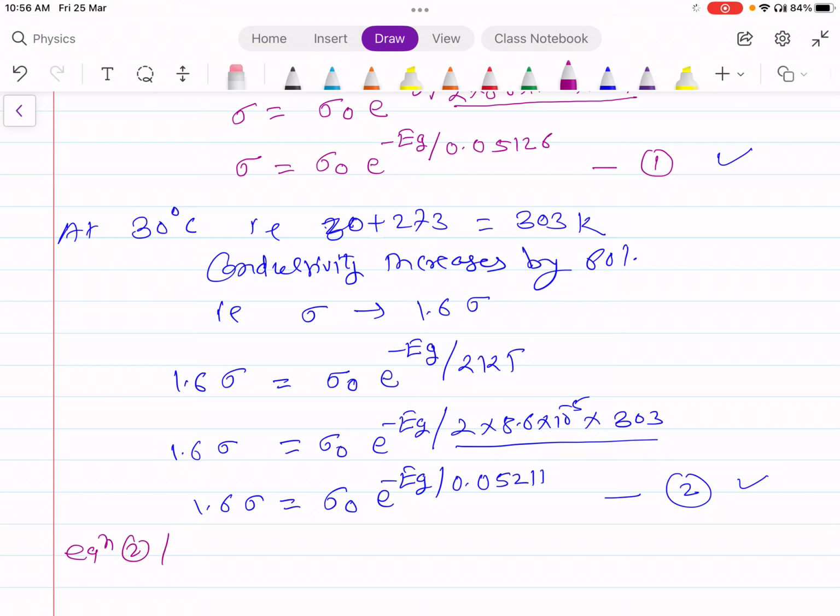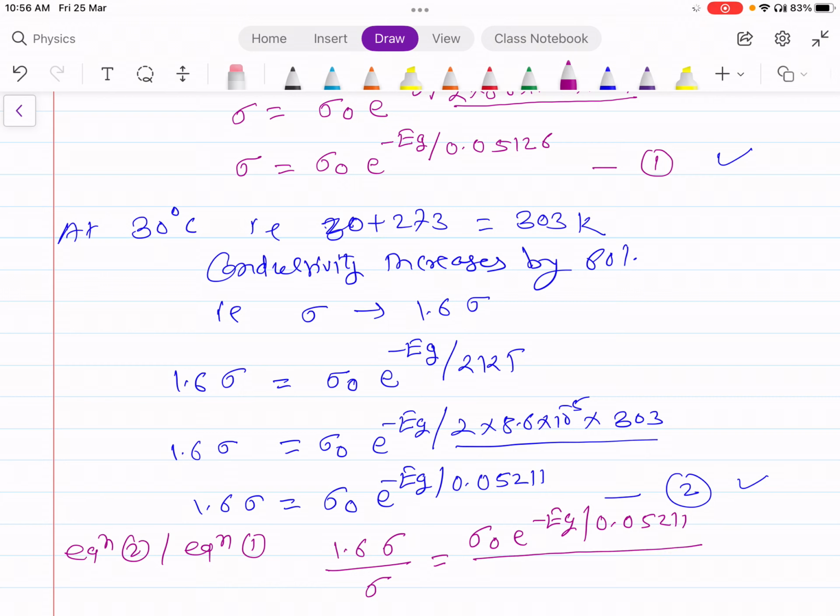Dividing equation 2 by equation 1: 1.6 sigma divided by sigma is equal to sigma naught e raised to minus Eg upon 0.05211, divided by sigma naught e raised to minus Eg upon 0.05126.